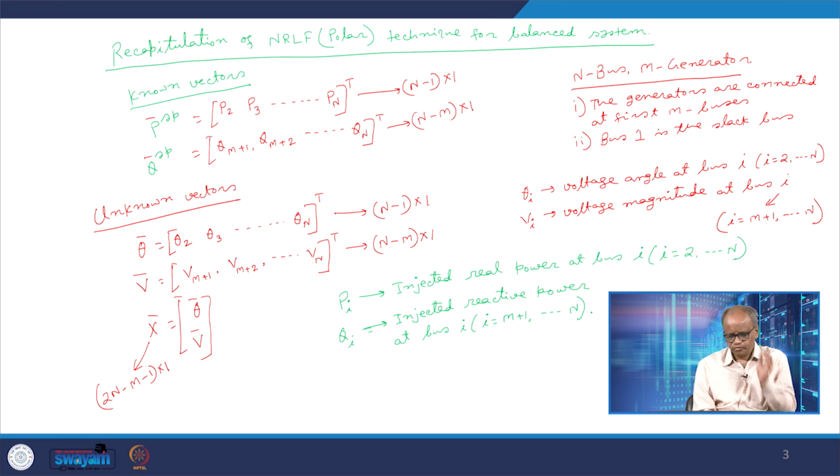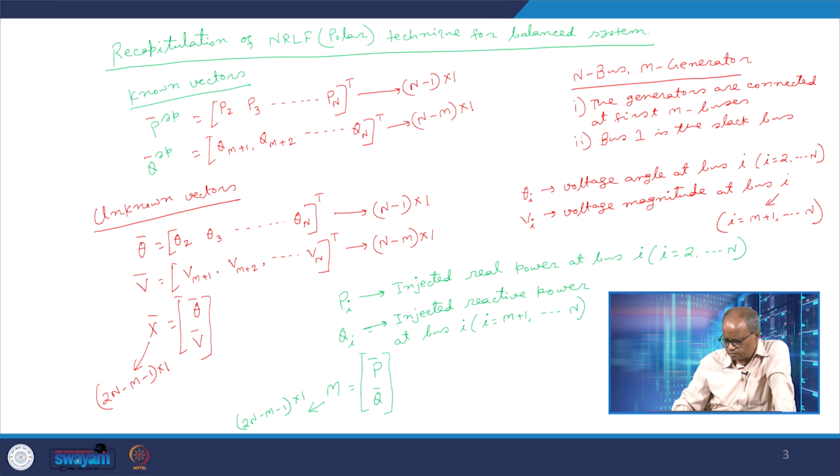So these are the known vectors and these are the unknown vectors. Using these known vectors we define a vector m, which is PQ, and it has dimension 2n minus m minus 1 cross 1. So for a balanced system these are the known quantities and the unknown quantities.